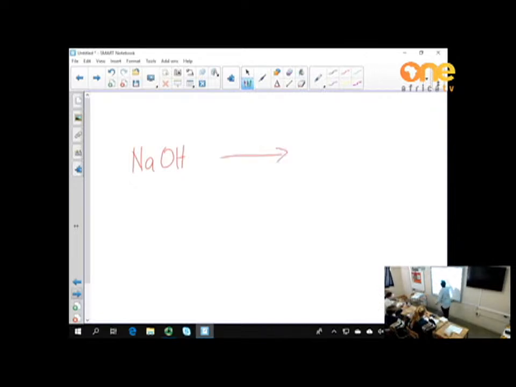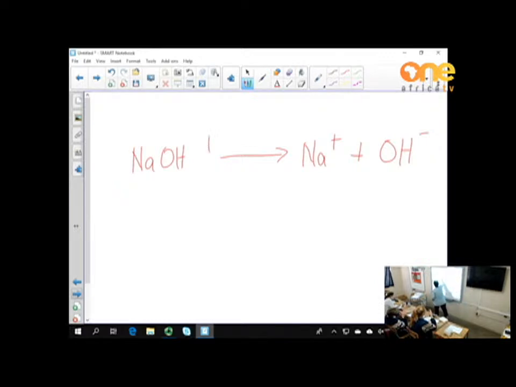It's going to dissolve. This crystal is made up of sodium ions and hydroxide ions. The ions are going to separate. So I'm going to get sodium ions and hydroxide ions. We can't say it's ionized because it started out having ions.